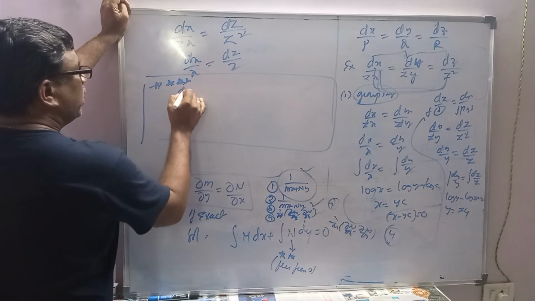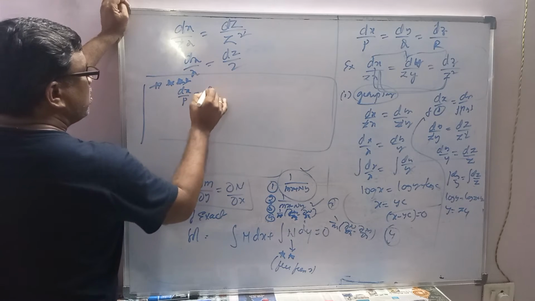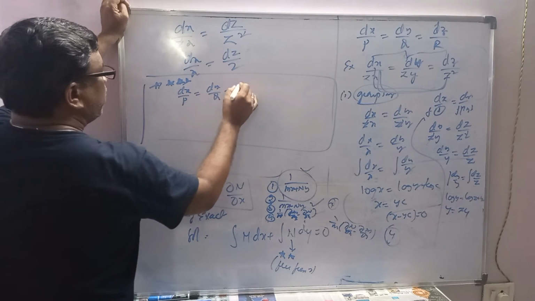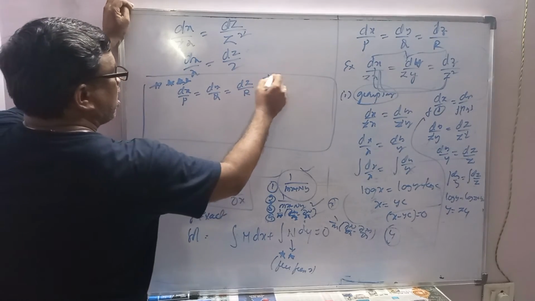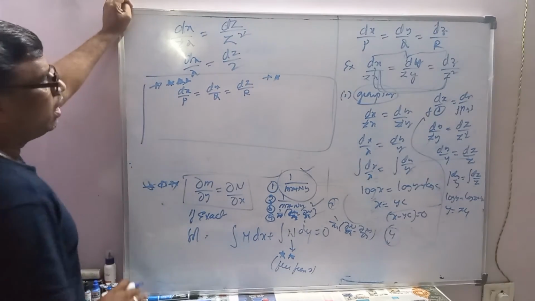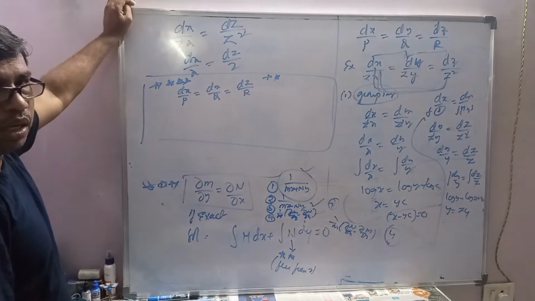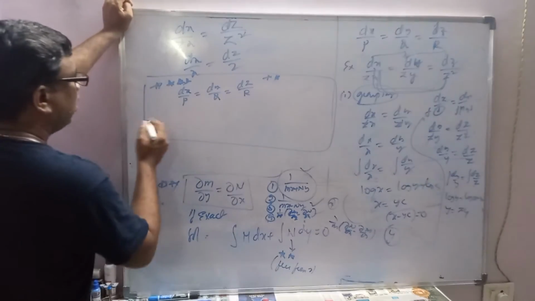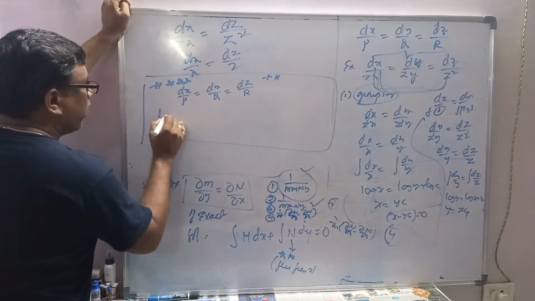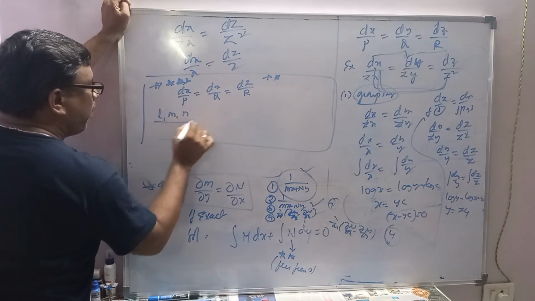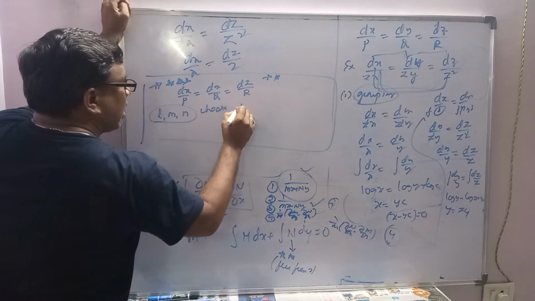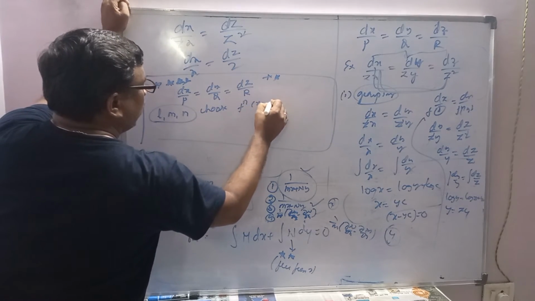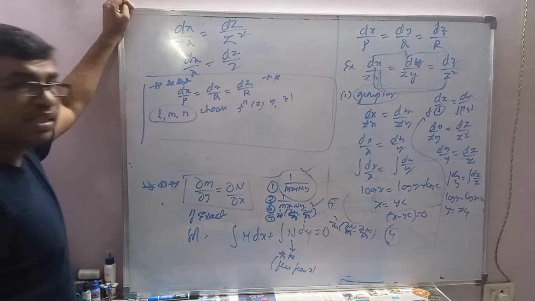Suppose dx by P is equal to dy by Q is equal to dz by R. Concentrate here. If grouping is not possible, then we have to choose L, M, N, which are nothing but functions of x, y and z.